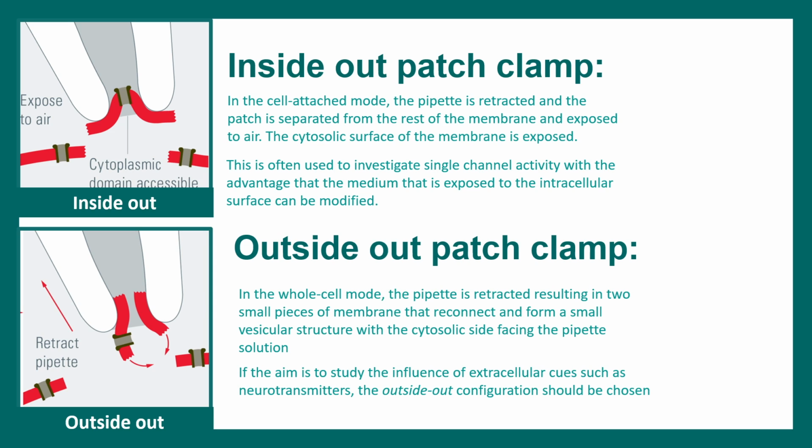So you can again dip it into a solution that might contain some neurotransmitter, some peptides. So overall, how a neurotransmitter interacts with the channel and how it changes the channel kinetics. If you want to do those kinds of studies, then outside out patch clamp is super important. So you can understand that outside out and inside out, these specific settings are really useful for understanding channel kinetics, how the channel is modulated from the inside of the cell or the outside of the cell. You can use these techniques to study those questions.